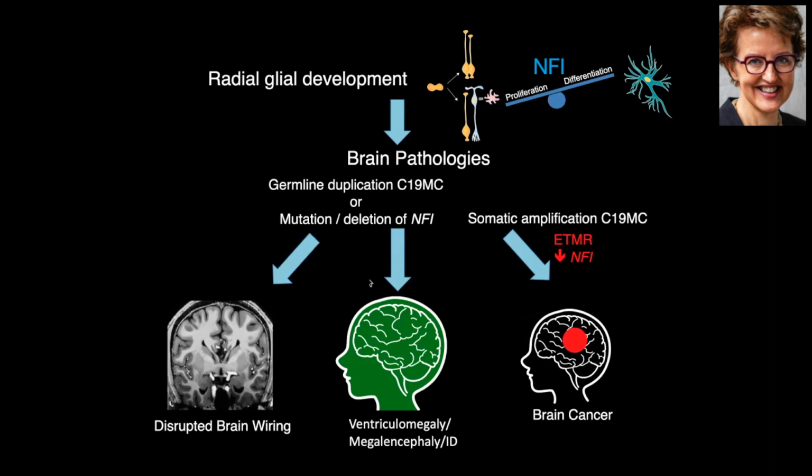And then of course, if you have a germline duplication of C19MC or a mutational deletion in NF1, then you may expect to see ventriculomegaly, megalencephaly, and this disrupted brain wiring. So they're slightly differently regulated perhaps, but certainly this is how one family member regulating the development of radial glia in the brain can produce different phenotypes in the same patients.